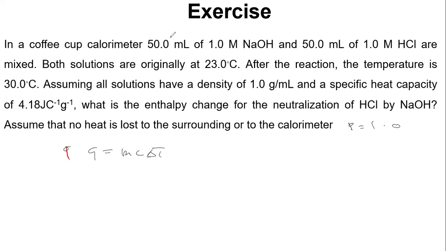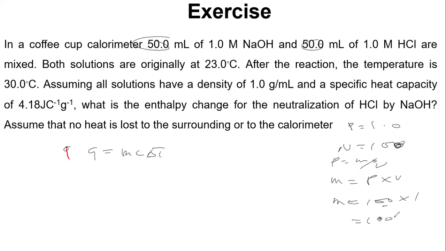The volume would be 50 plus 50, so the volume will be 100 mL. Now, we understand that density is equal to mass over volume, and then the mass, by rearranging, will become density times volume. And so we have mass being equal to 100 times 1. The 100 is the volume, the 1 is the density, and that will give me 100 grams.